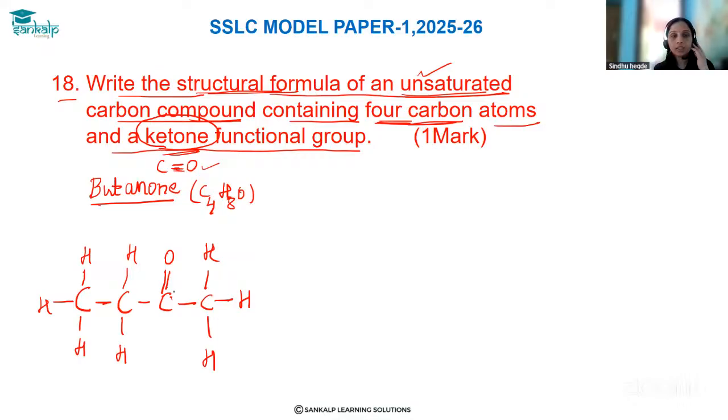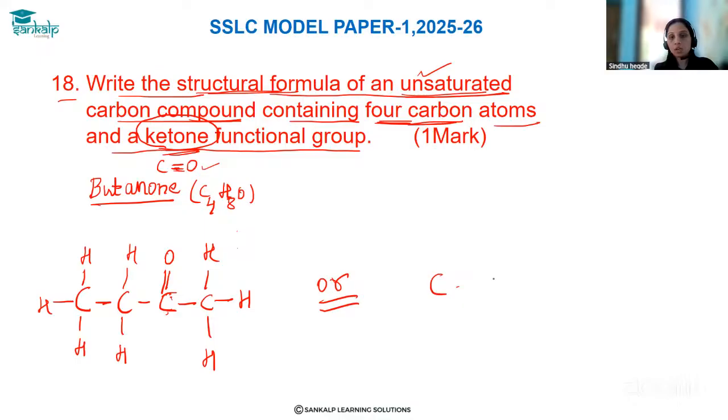It contains one ketone functional group, C double bond O, with that 4 carbon unsaturated carbon compound. So butanone is the name, and you should draw the structural formula like this, or we can write the structural formula like this also.